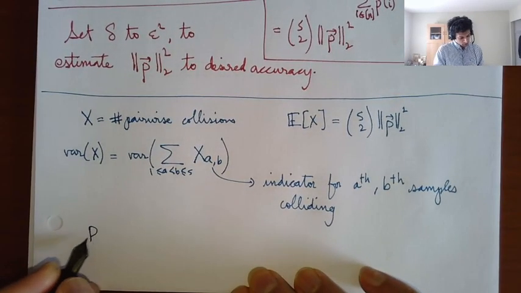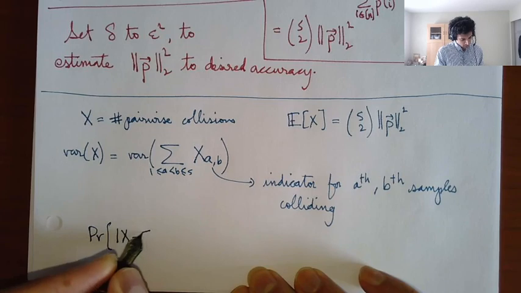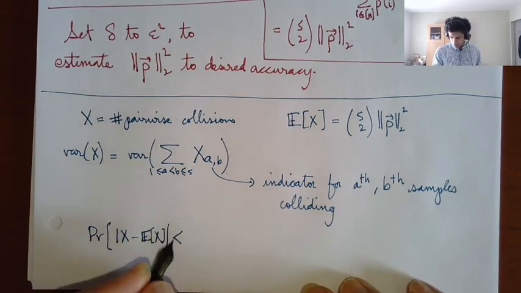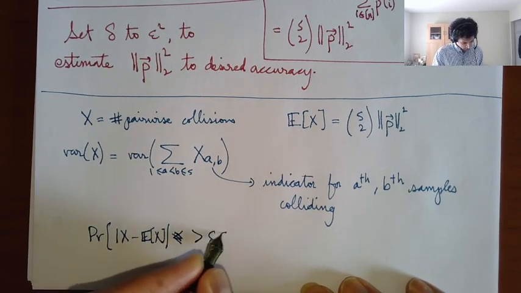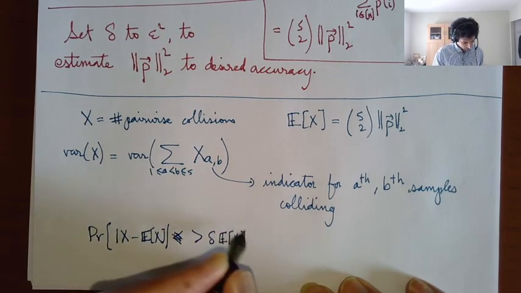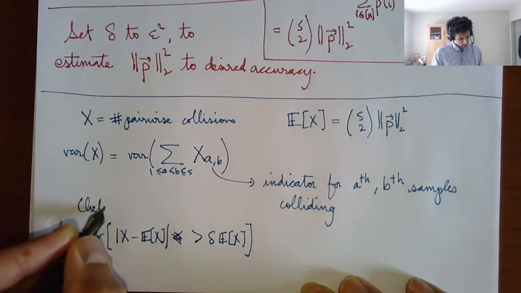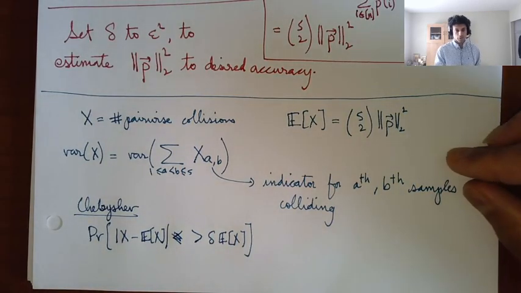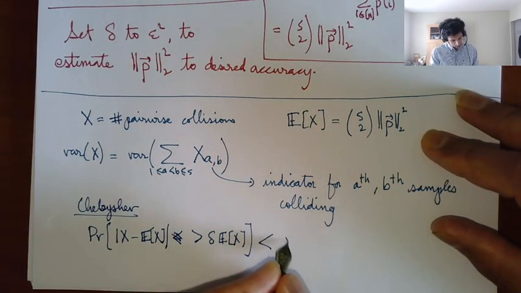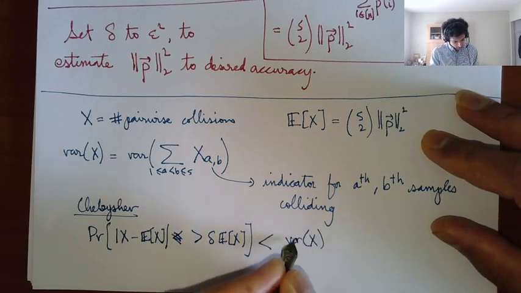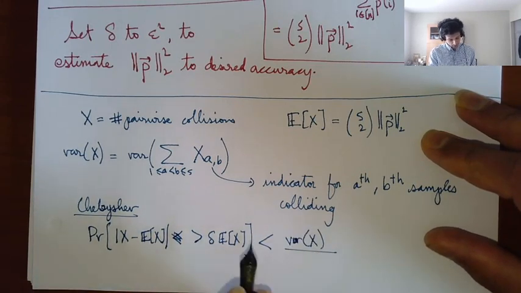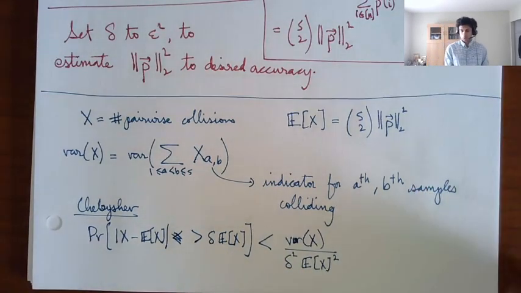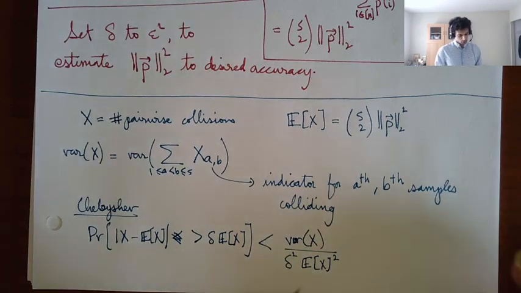Chebyshev says the probability that x minus the expectation of x is greater than delta times the expectation is at most the variance of x divided by delta square times the expectation squared. I'm just writing out Chebyshev here.